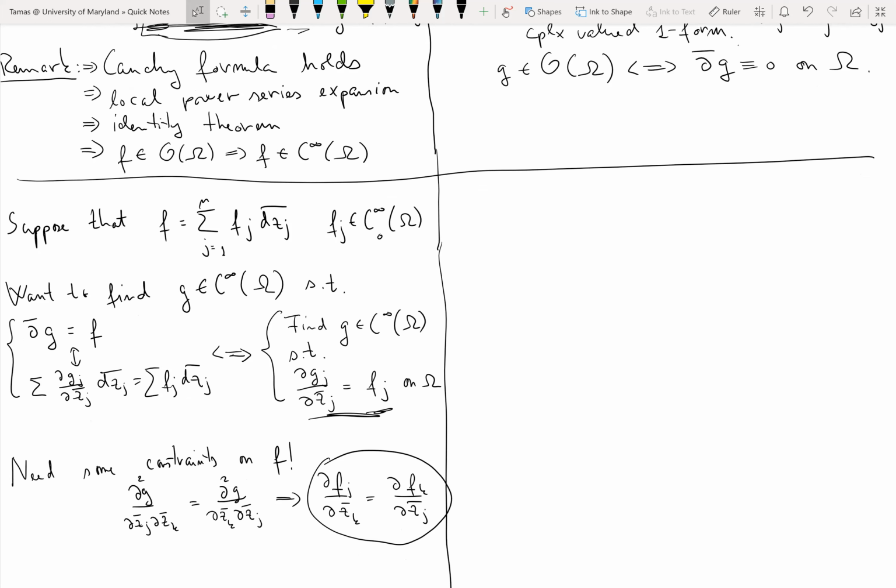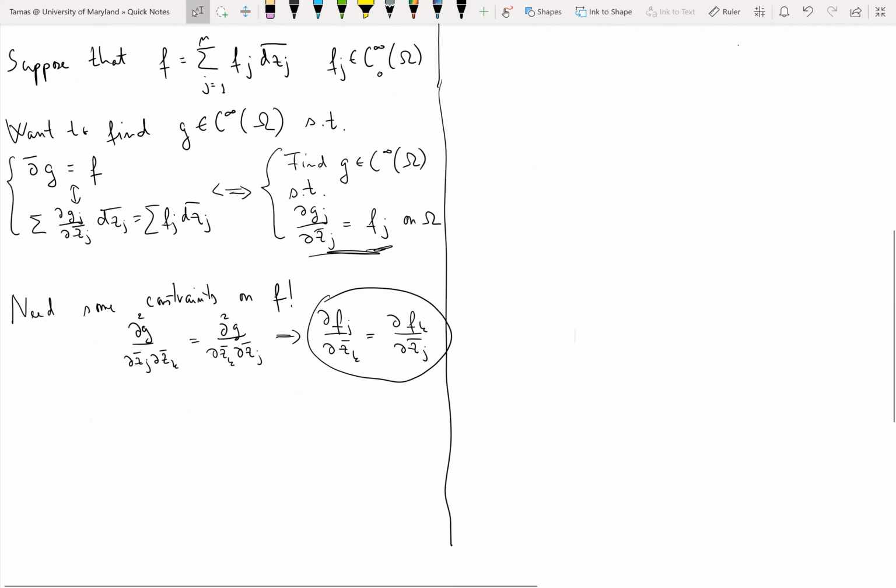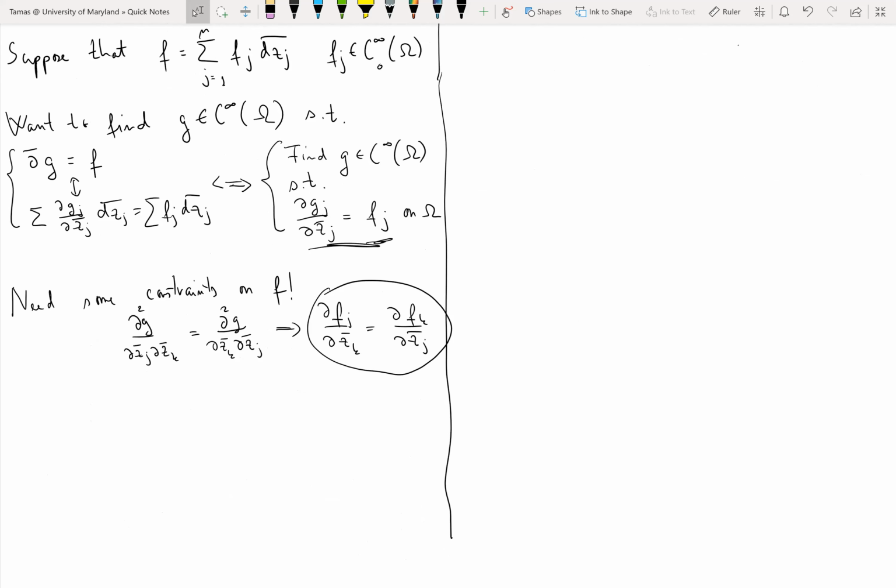So the next theorem says that just with this trivial constraint, let's call it star, you can always solve this Delbar problem.